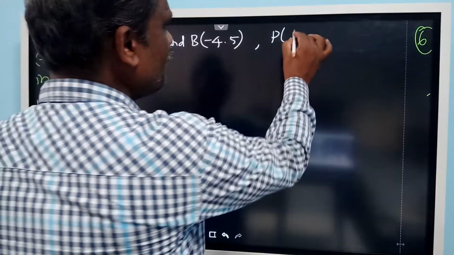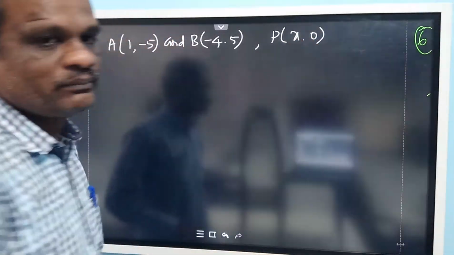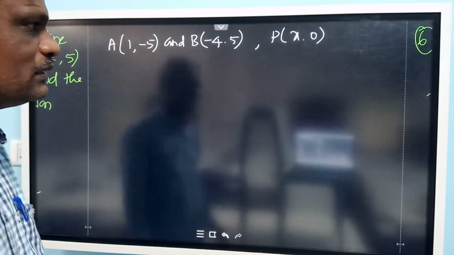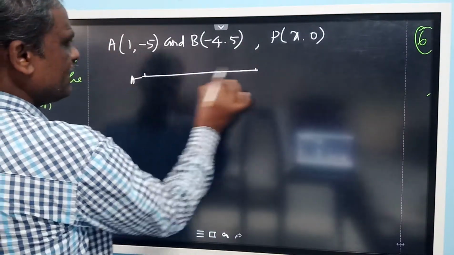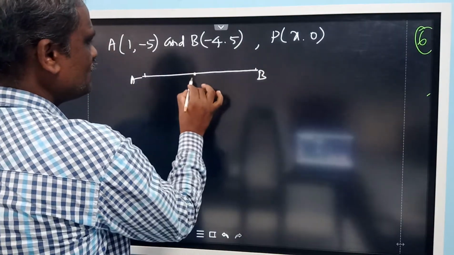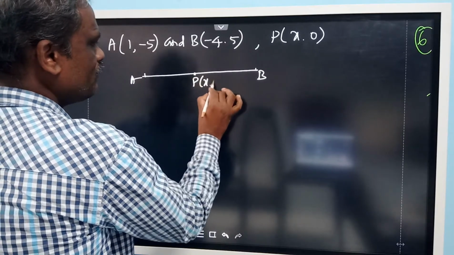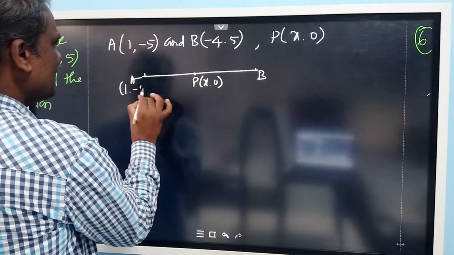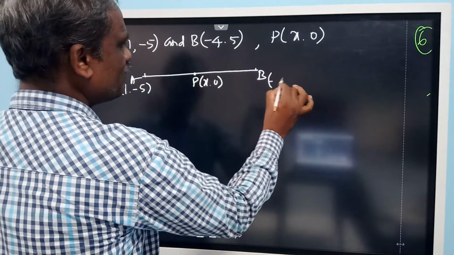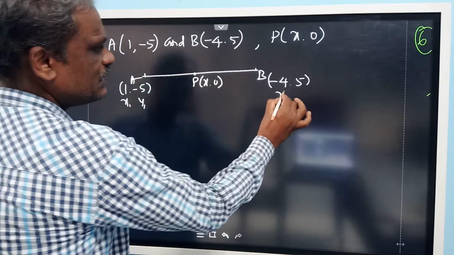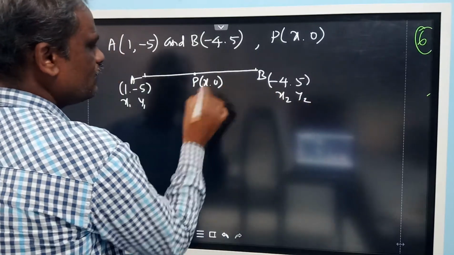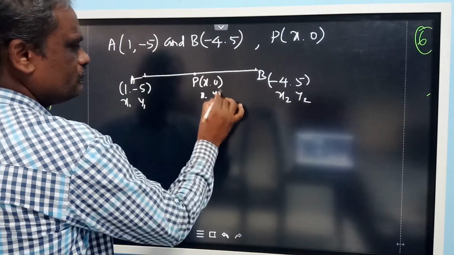So the point P will be (x, 0). Joining directly, this is A, this is B, and this is P. I'll write these as x1, y1, x2, y2, and x, y.